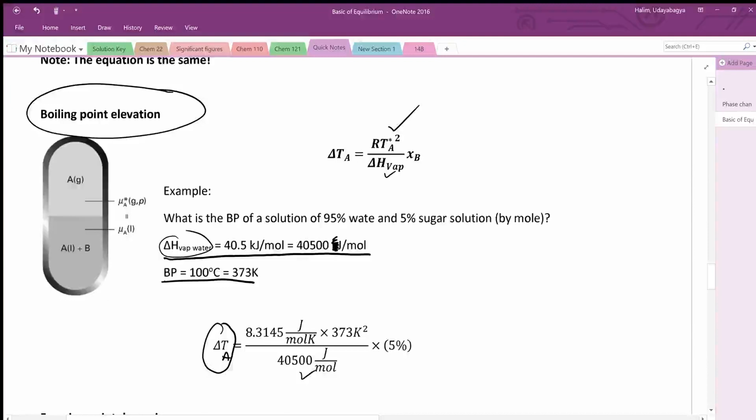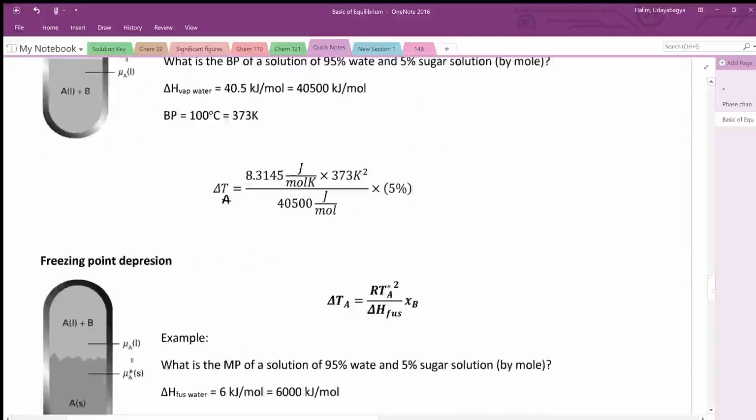Again, don't forget to convert this to joules as well. And then we're going to multiply it by the mole fraction of the impurity. This is my impurity, and my impurity is the sugar, so I put in the 5% of the sugar impurity. Alright, so that's the simple equation and the simple problem that you have. That's the boiling point elevation.